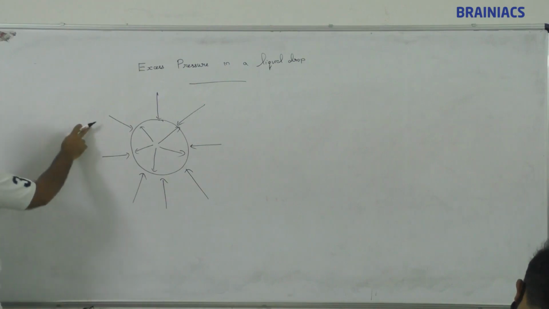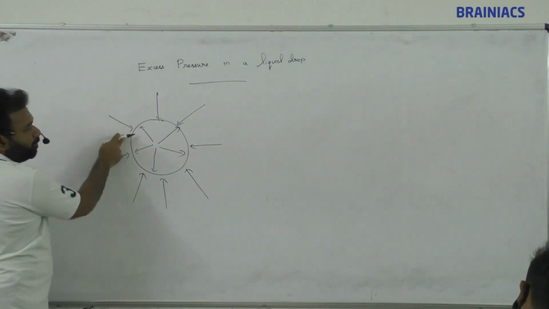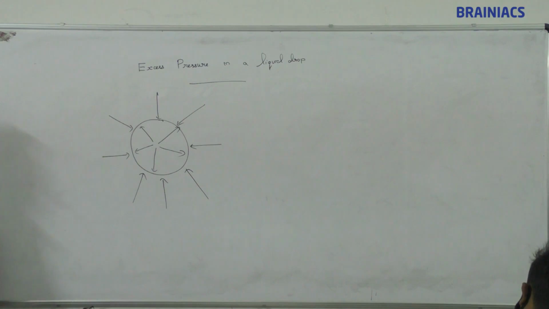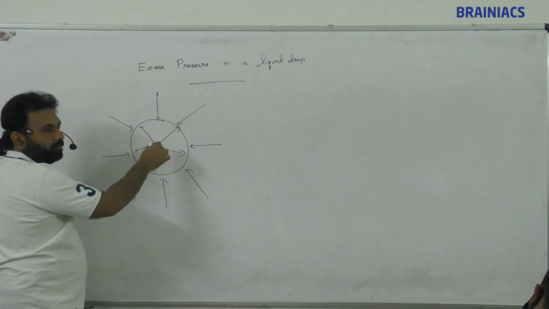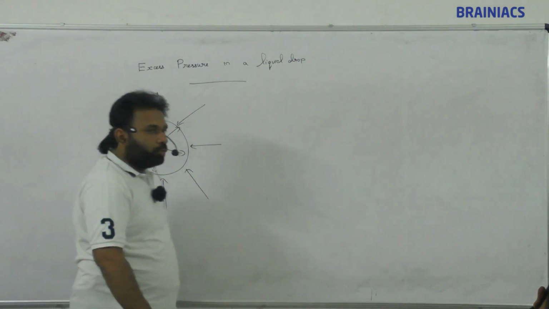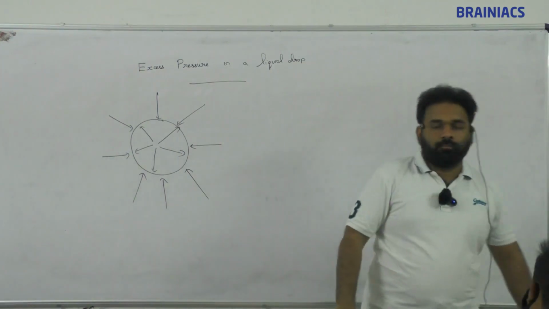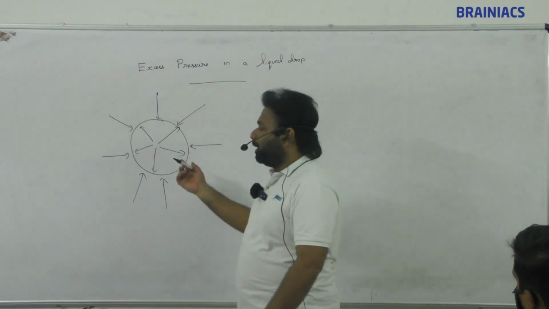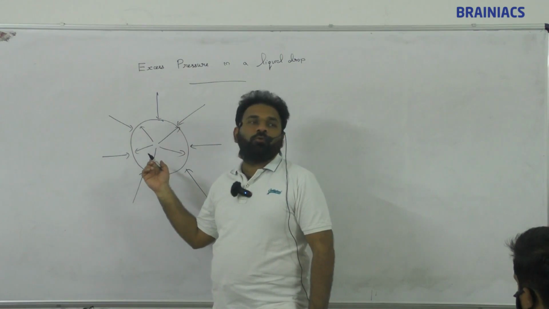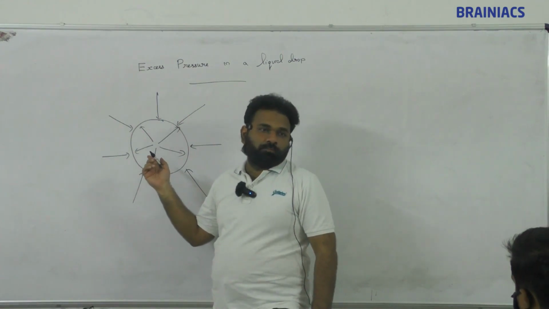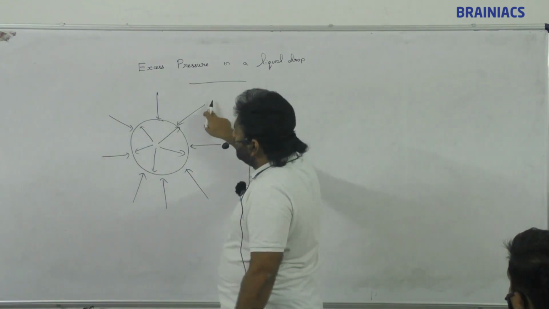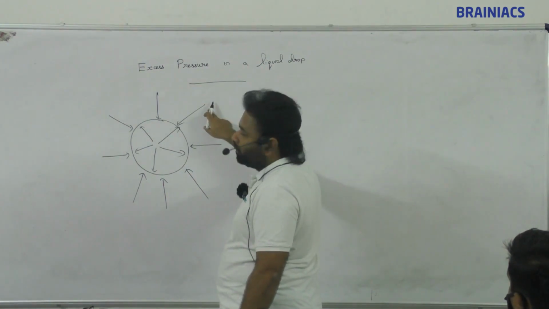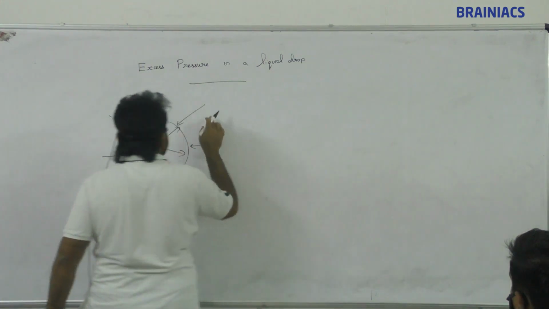Actually, there will be a pressure from outside, then there will be pressure from inside due to the liquid there. Other than that, there will be pressure due to surface tension also.